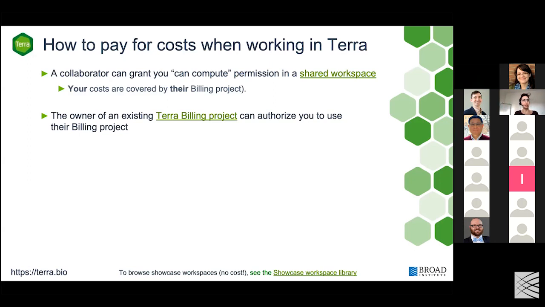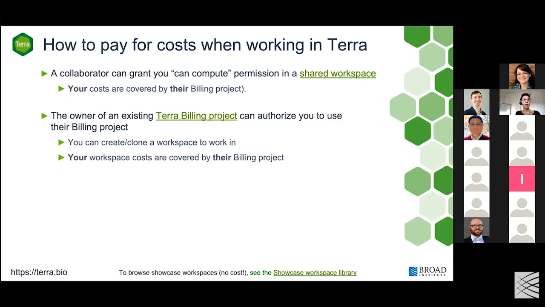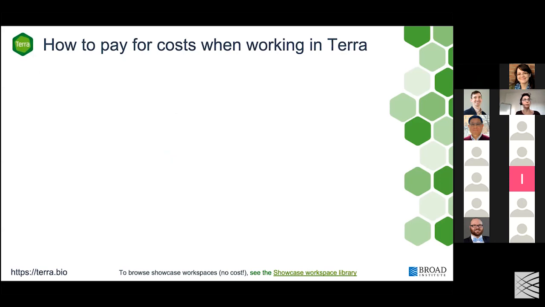The second option is someone who owns a Terra billing project can let you use their billing project, in which case you can create or clone your own workspace to work in. And your workspace costs are then covered by their billing project. So that's an interesting piece and a little bit counterintuitive.